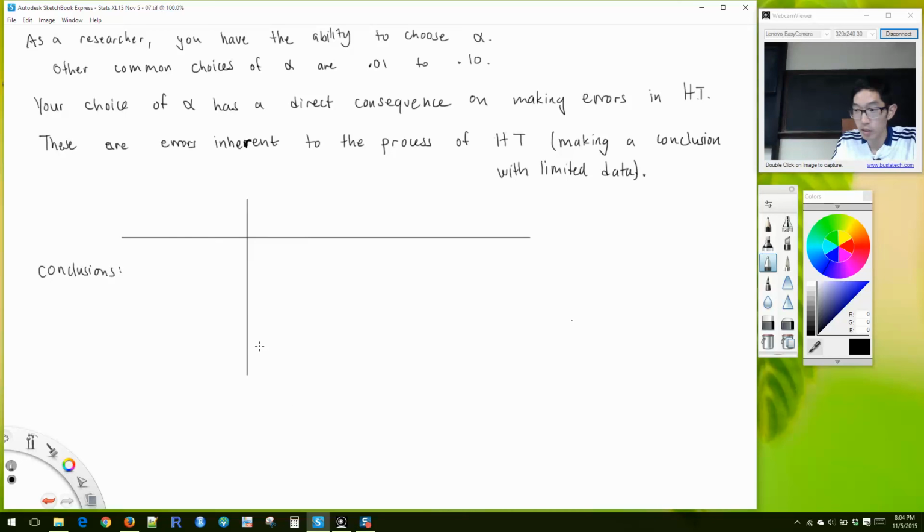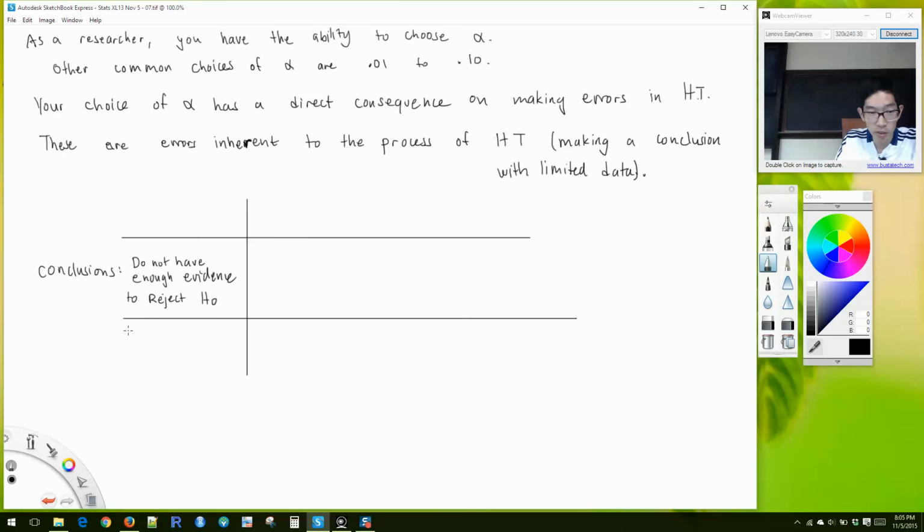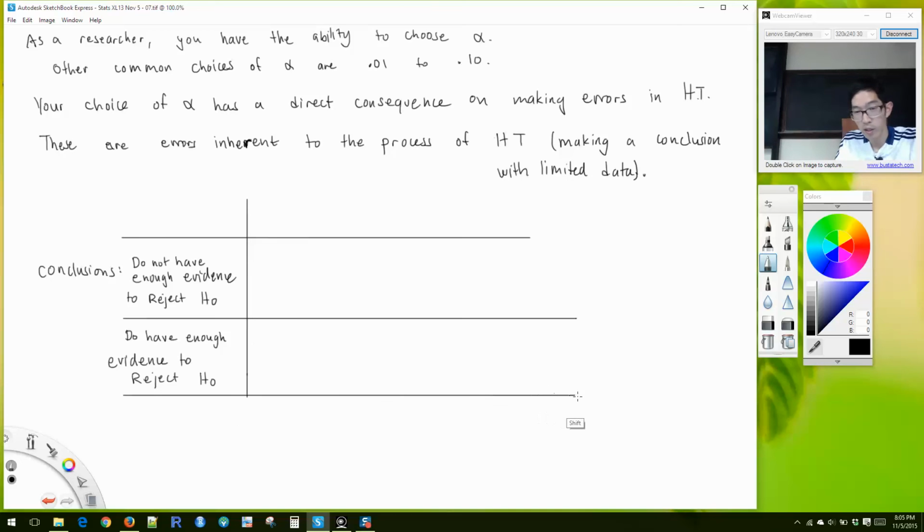Could be that we do not have enough evidence to reject the null hypothesis, or we conclude we do have enough evidence to reject the null hypothesis.